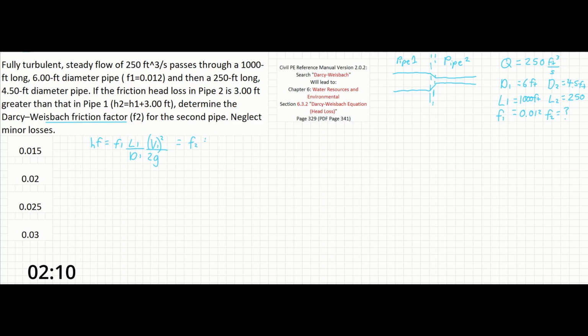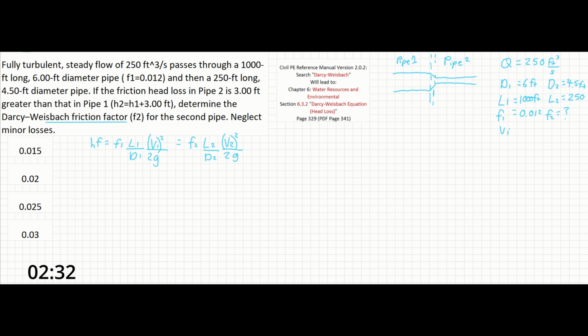Now, most of our values have been given already, but we are missing velocity for both pipe 1 and pipe 2 right now. However, we do have what we need to solve for those, so let's do that first.